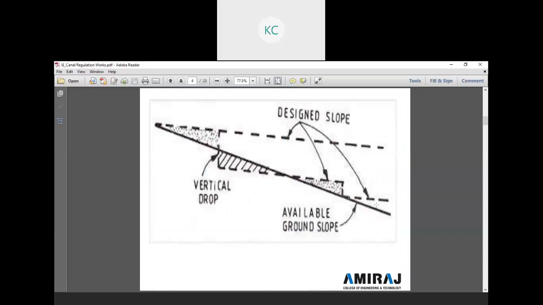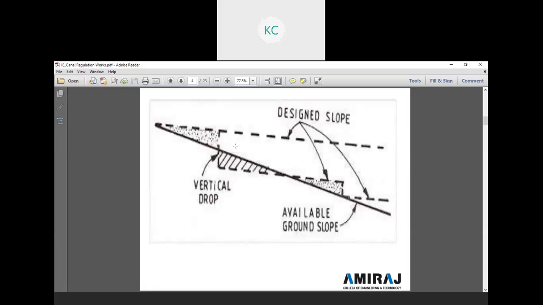So, this figure shows the vertical drop. This is the design slope, and this is the actual available ground slope, which is very steep. Due to the steepness, the velocity of the water is very high, which causes many problems and effects in the lining or the surface of the canal, like cavitation and scouring and silting phenomena.